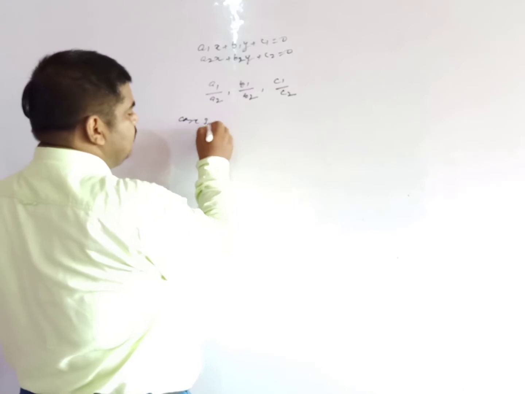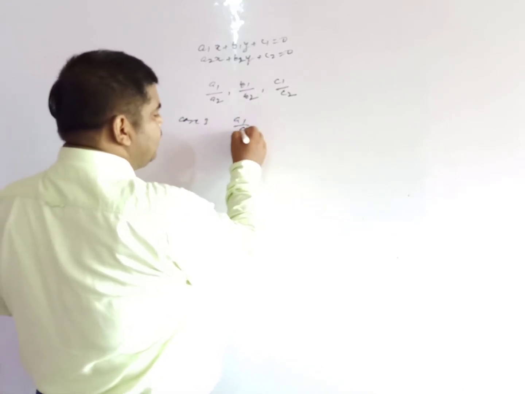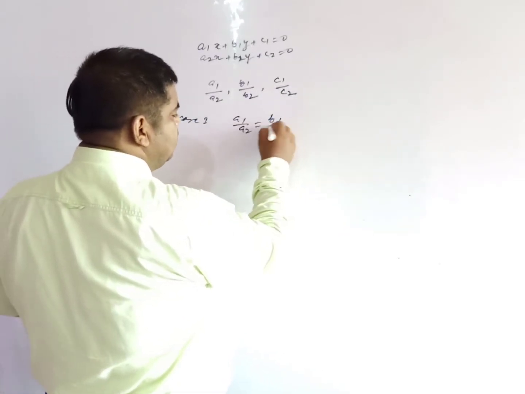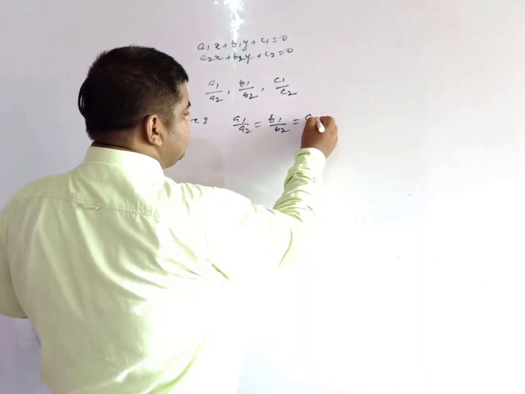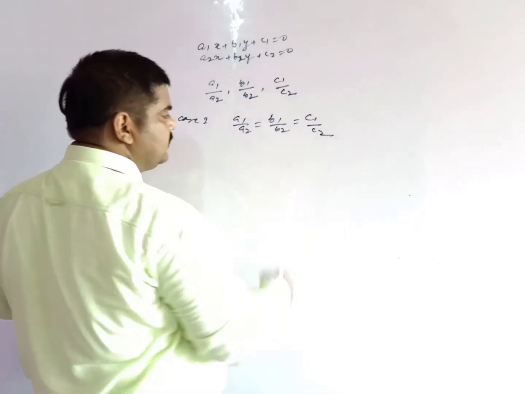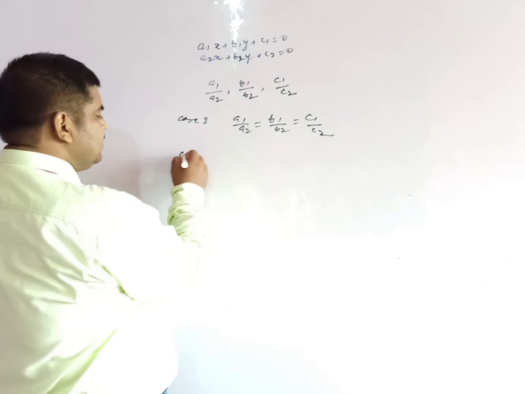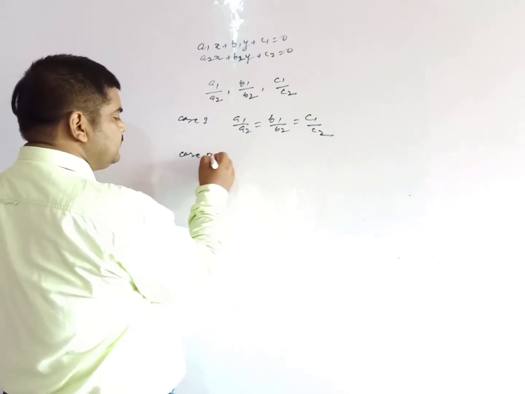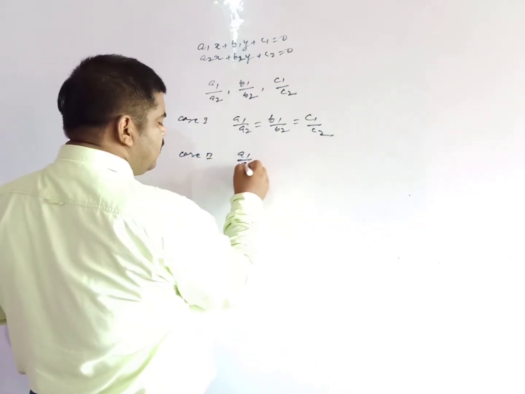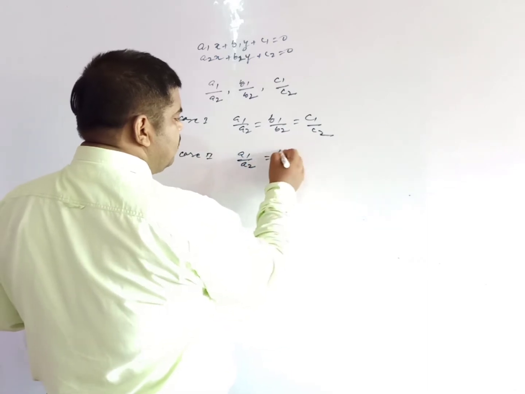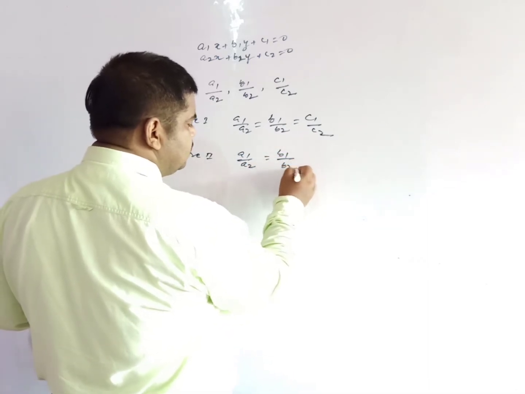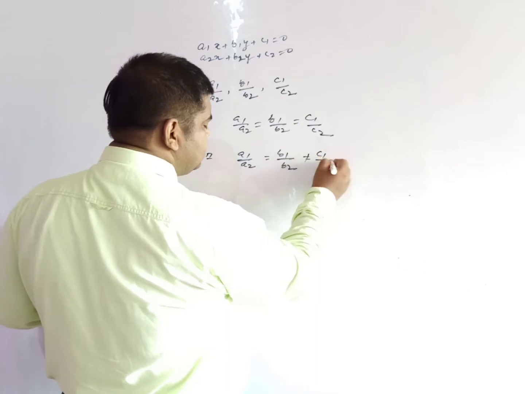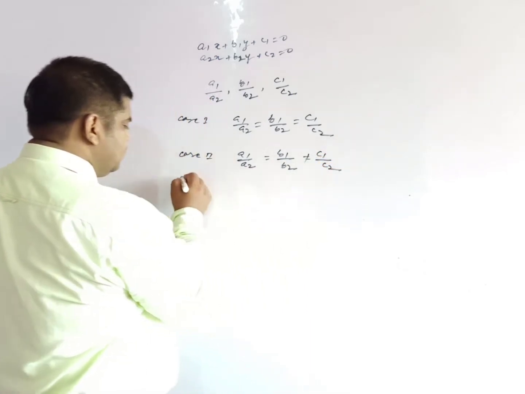Case first: a1 upon a2 is equal to b1 upon b2 is equal to c1 upon c2. This is the first case. Case second: a1 upon a2 is equal to b1 upon b2 but does not equal c1 upon c2.